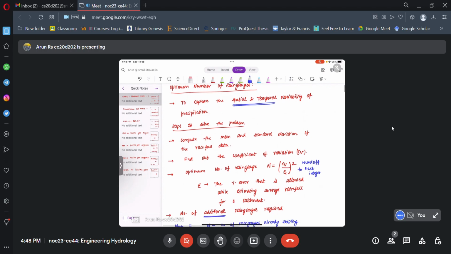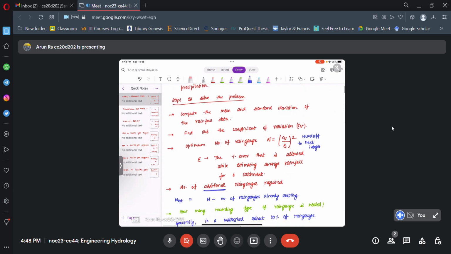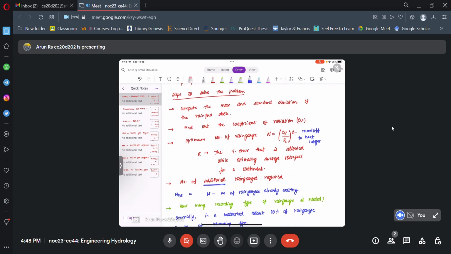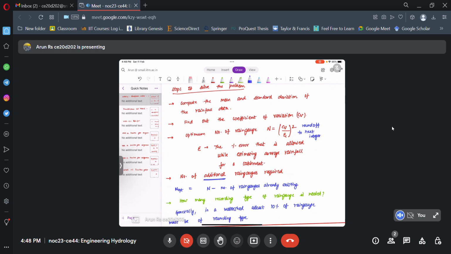For that, I have listed out the steps to solve the problem. You will be given either tabular data, or you'll be directly given the mean and the standard deviation which we need to compute. If they are given in tabular format of rain gauge data, we first need to estimate the mean and the standard deviation of the data.